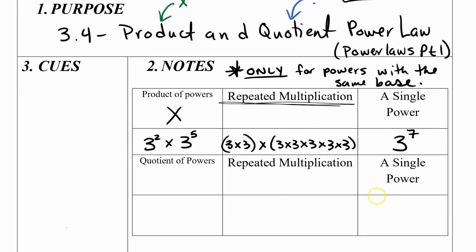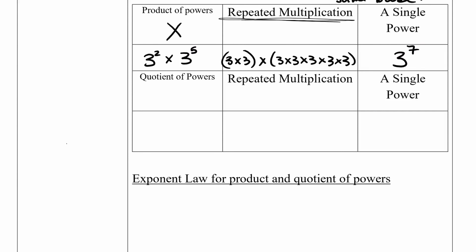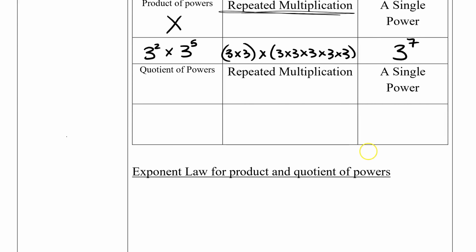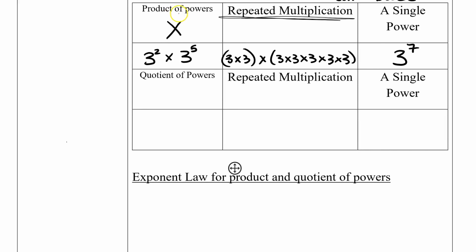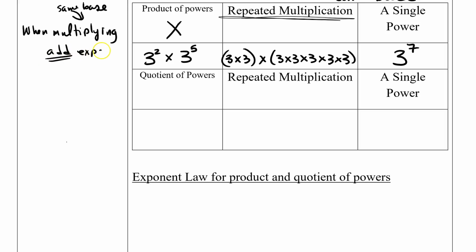We can make a special law right now. We can say that with product of powers, so when multiplying, and remember this is only for the same base, we add exponents.